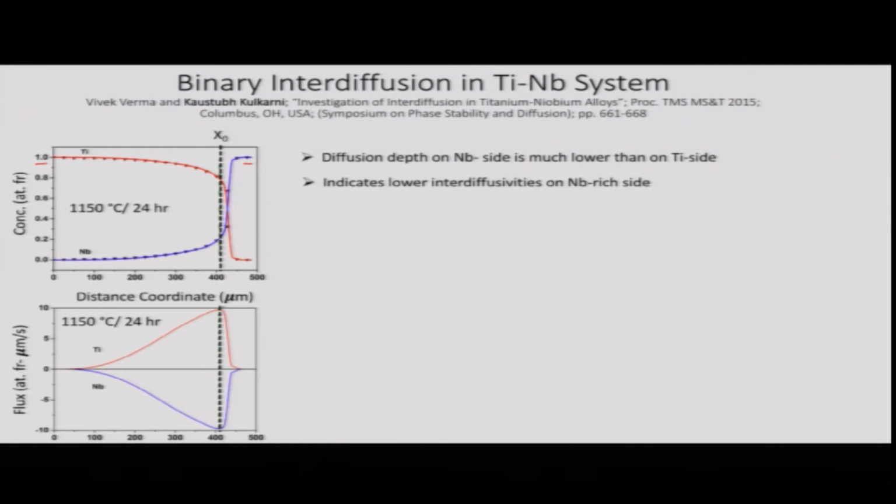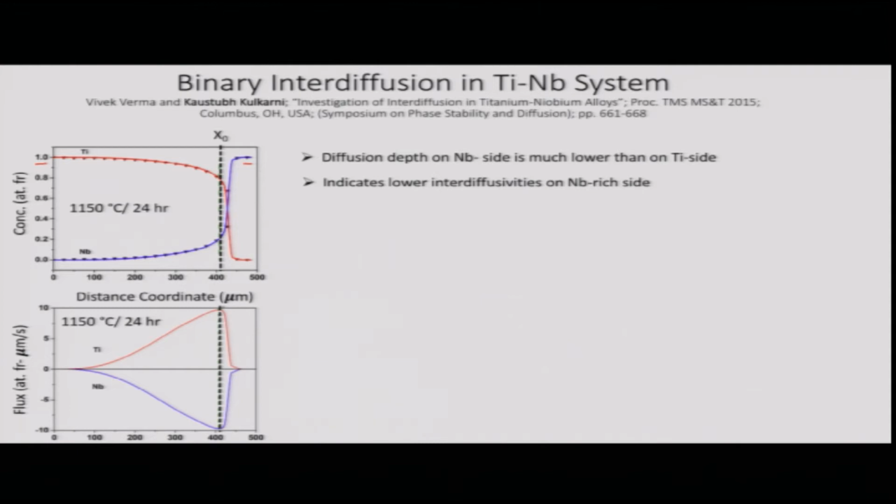We can see, as expected, there is a minimum in the niobium flux profile and maximum in the titanium flux profile at the Matano plane. Again, as apparent even from the diffusion flux profiles, the diffusion depths are much smaller on the niobium rich side. So, we can evaluate the binary interdiffusion coefficients as a function of composition over the range of compositions developed in the diffusion zone in this binary couple.